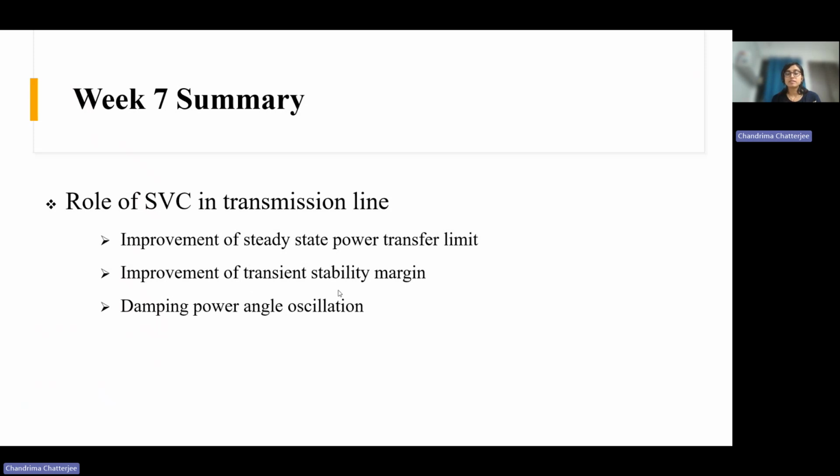This has already been discussed in class, and we shall also talk about it in this tutorial session. And it can also provide damping. Whenever there are transients, there will be some overshoots and undershoots. Damping means we can reduce those overshoot and undershoot magnitudes by damping the oscillation. So the SVC can also provide damping.